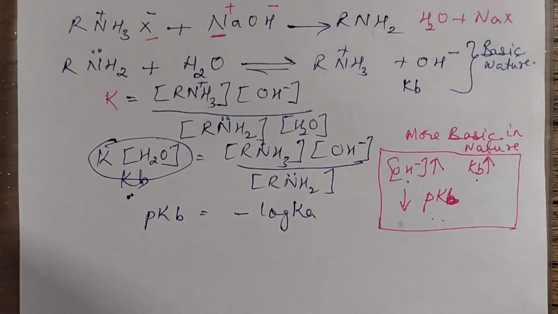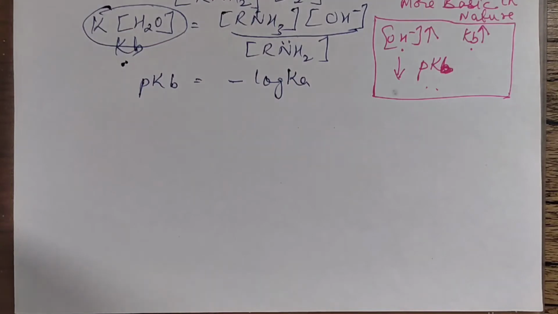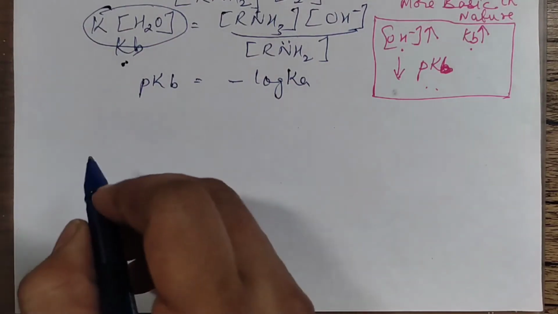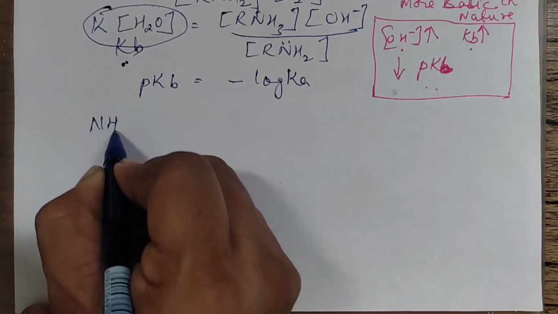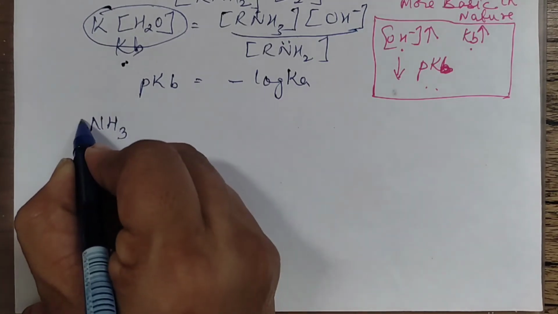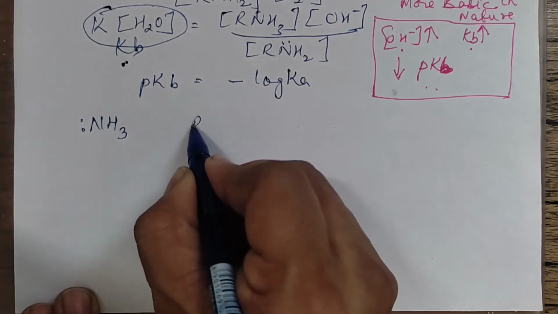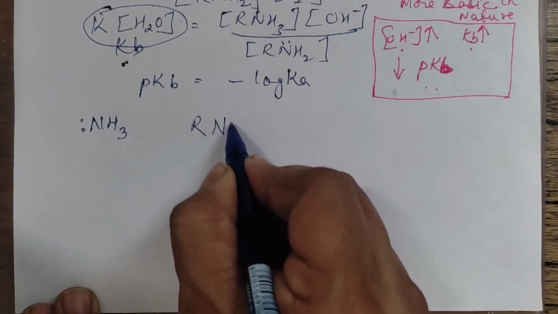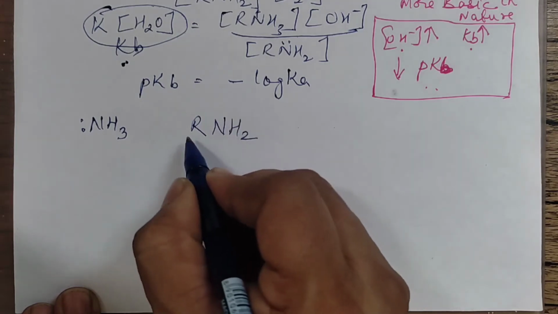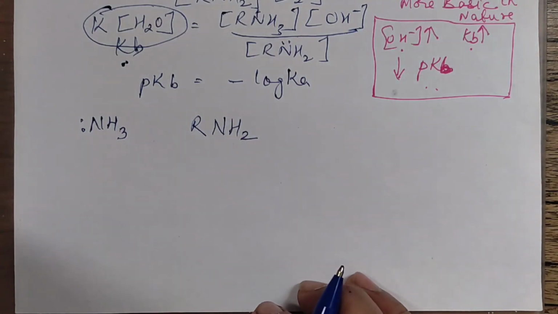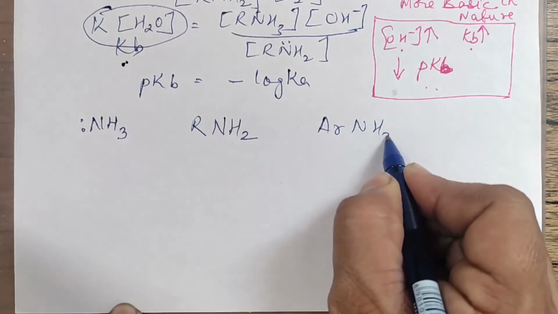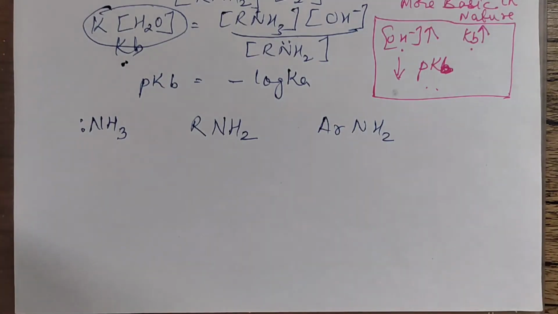Fine till here? Now we are moving on to a very, very important part where you are asked to compare the basic nature of, say, ammonia, I am drawing the lone pair of electrons, and let it be only RNH2, or say, any alkyl amine as of now, and I am talking also about aryl amine, which will be most basic and why.